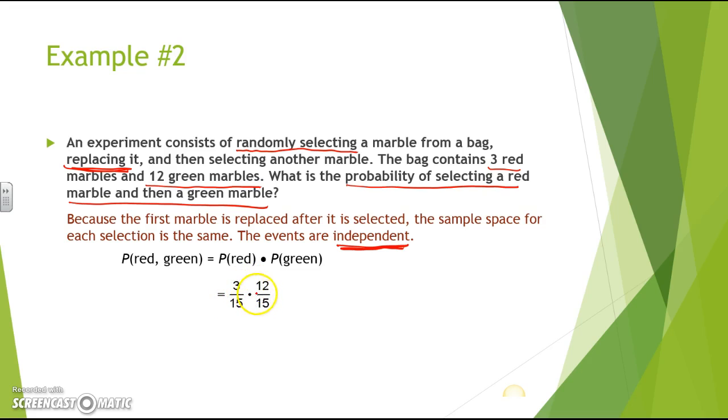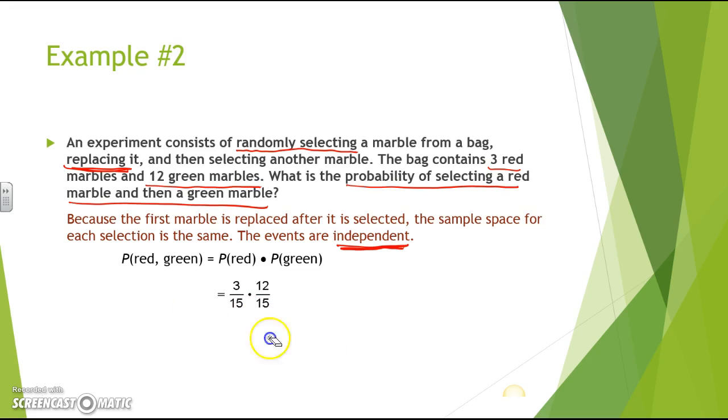Likelihood of pulling a green the second time is 12 out of the total 15. So it's 3/15 times 12/15. 3/15 is representing the red marbles, and the 12/15 is representing the green marbles.